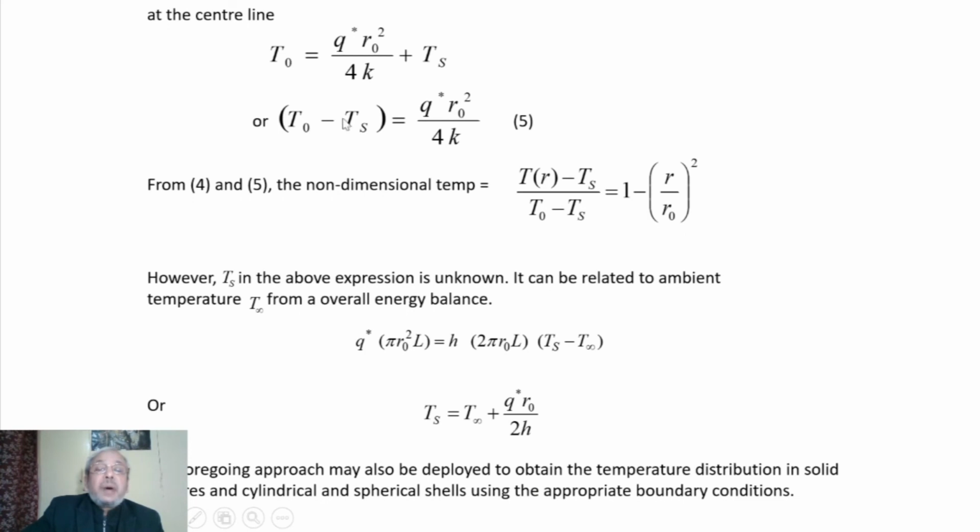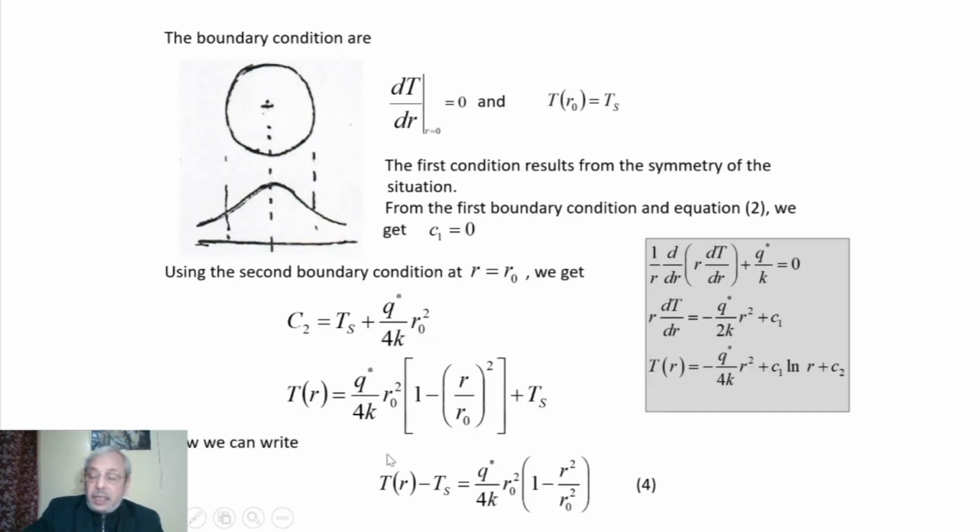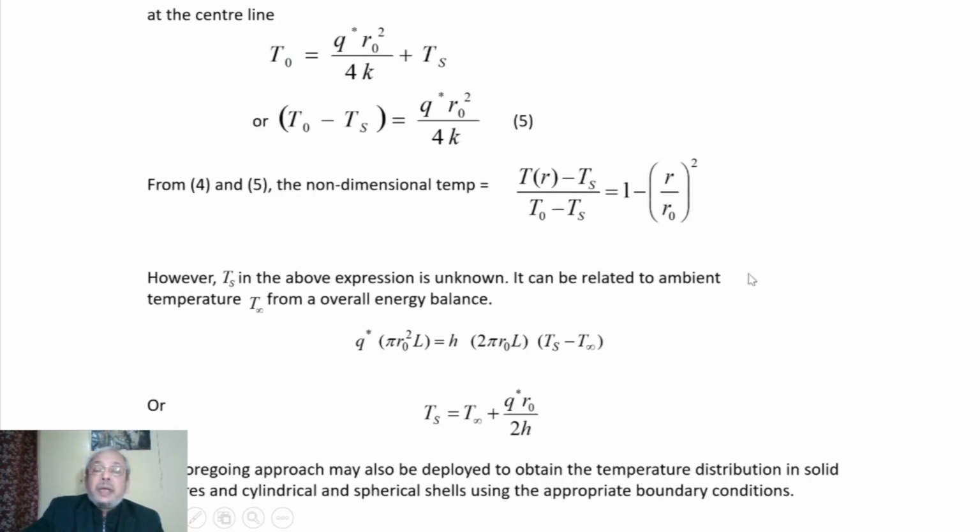So T0 minus Ts equal to Q star R naught square by 4K. And since we also know T(r), we can find a compact expression for non-dimensional temperature: T(r) minus Ts divided by T0 minus Ts is 1 minus r by R naught square.